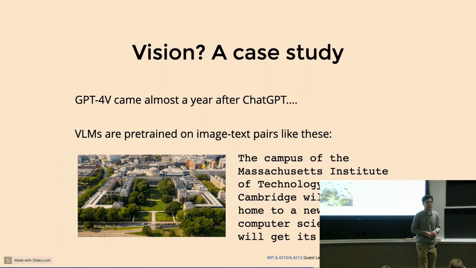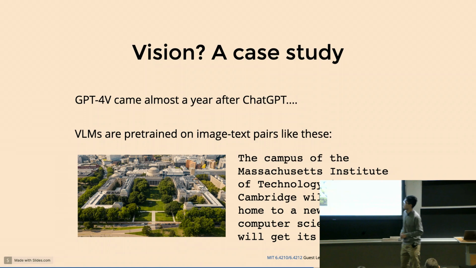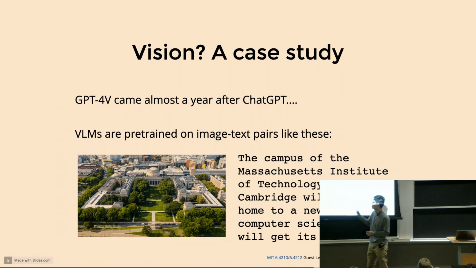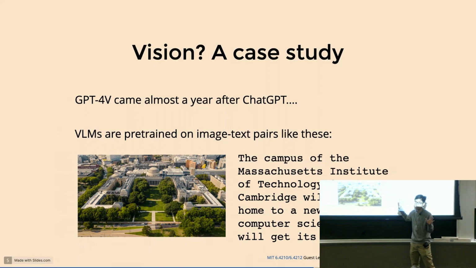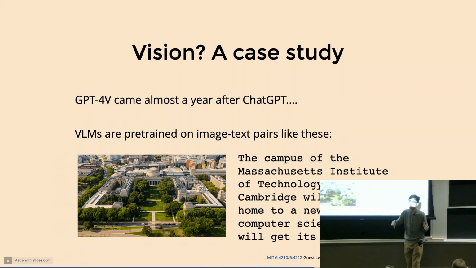And the way they do it is that they train the encoder with contrastive learning. It's a representation learning method that takes in an image and its paired text, and the model should output a likelihood that's as big as possible. And if you throw in an image with a text that's completely irrelevant, you just randomly sample a piece of text, it should output something with really low likelihood.